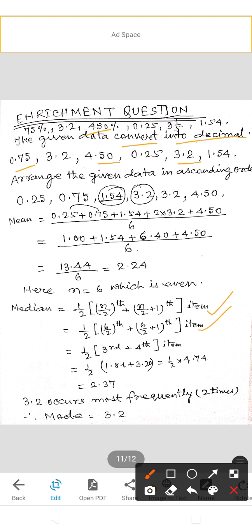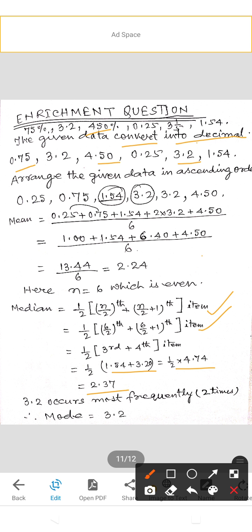The third term equals 1.54 and the fourth term equals 3.20, so 1 by 2 multiplied by the sum 1.54 plus 3.20, equal to 4.74 divided by 2, equal to 2.37.